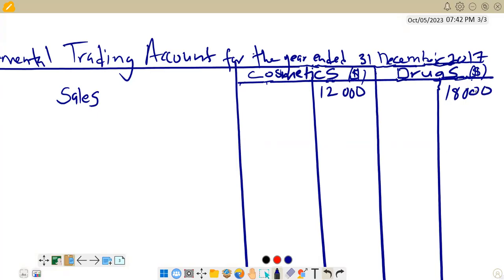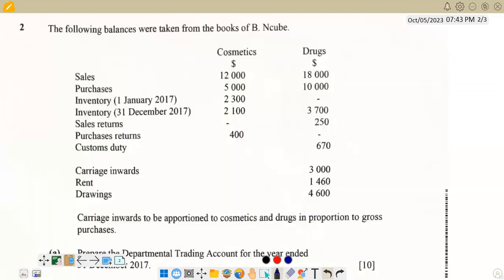Remember, after putting sales, we have to check whether we've got sales returns, or returns inwards, that we have to subtract from sales to get the net sales figure. From the information that we have, we also have sales returns. For cosmetics, we don't have anything for sales returns, but for drugs we have 250 returns.